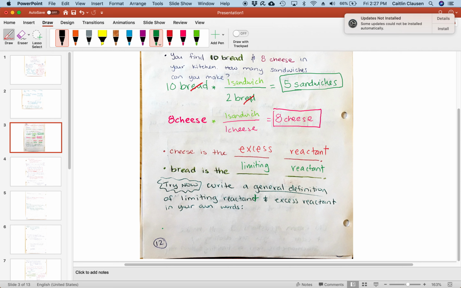I might describe limiting reactant maybe as the reactant that dictates how much product is made.